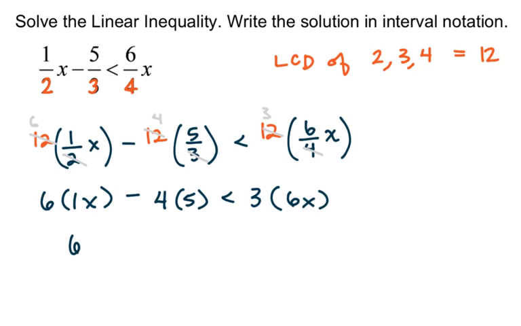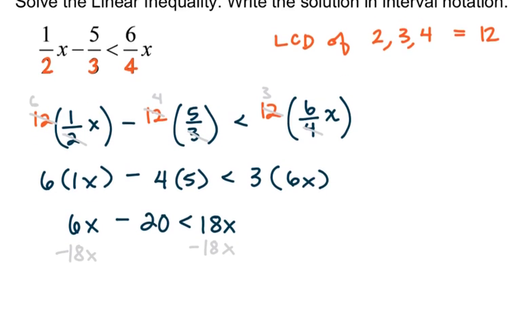So looking at simplifying this, I have 6x minus 20 is less than 18x. Now, generally when we're solving inequalities, we try to move the variable over to the left. But what would happen in this situation if I said, let's subtract 18x?